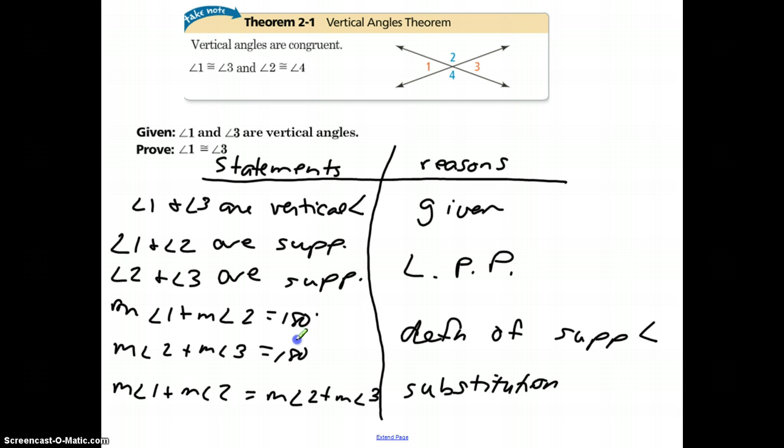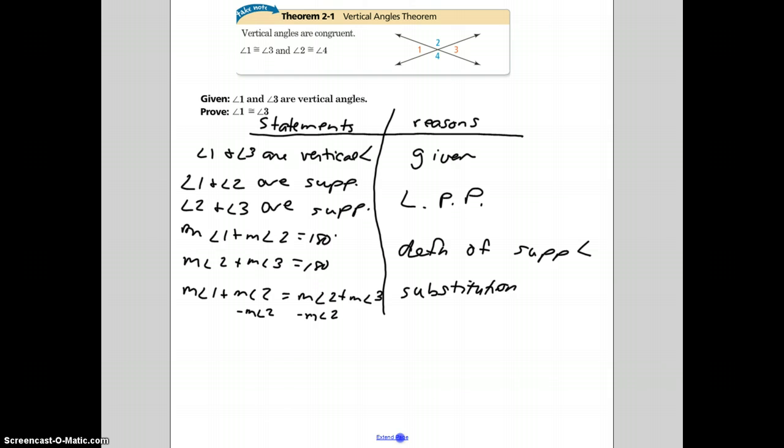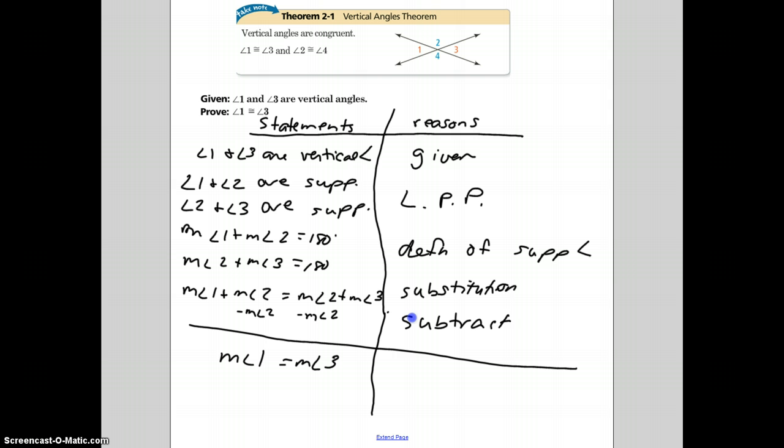If you know two things equal each other, you can take one out and replace it with something else. That's substitution. Well, look here. I've got an angle 2 on both sides. So what I'm going to do is subtract angle 2 from both sides. And what's that going to leave me with? That's going to leave me with the measure of angle 1 equaling the measure of angle 3. Well, how do I know that I can subtract angle 2 from both sides? You learned that in Algebra 1. It's called your subtraction property. It means you can subtract from both sides and you're still equal. It works. Alright, so I've got the measure of angle 1 equals the measure of angle 3.